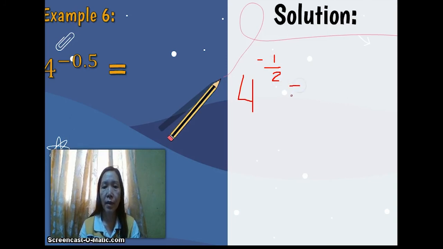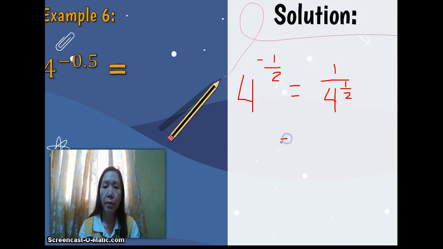Since the exponent is negative, by the negative exponent rule we write 1 as the numerator, drop the number with the exponent, and the exponent now becomes positive.